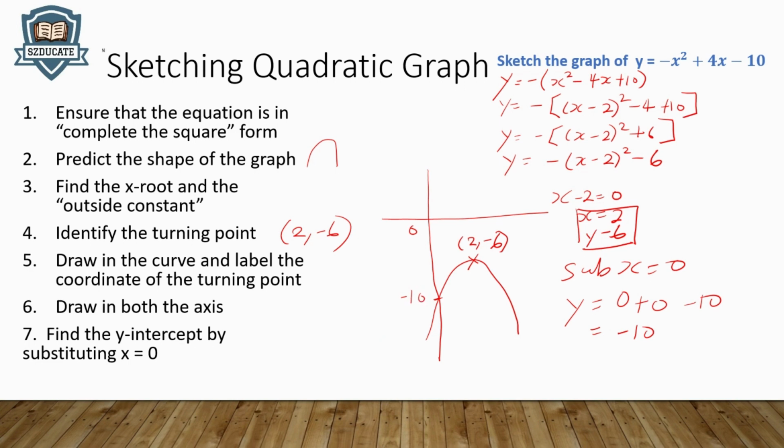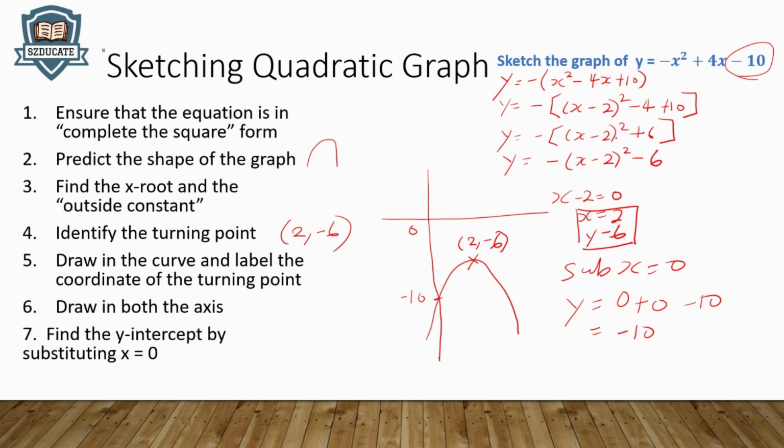Now you might be wondering, if the y-intercept is just this number, why do I still insist on step 7 as substituting x equals 0, instead of saying, let's look at the last term that is independent of x, the constant term? Because sometimes the question might not ask you to complete the square first before sketching the graph.